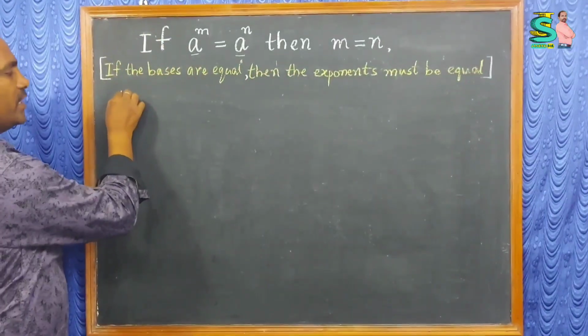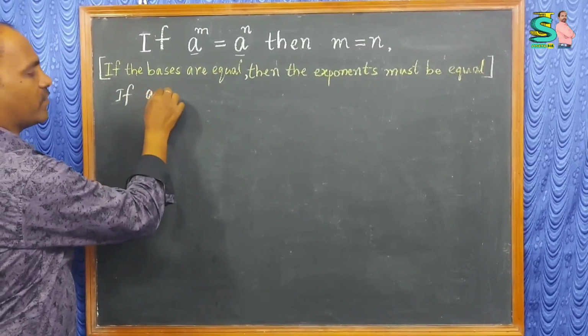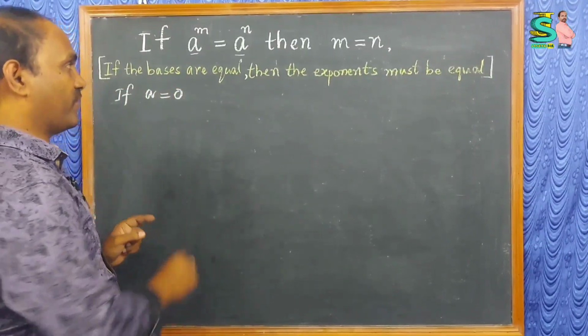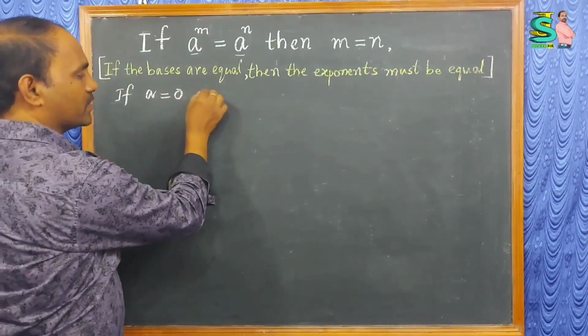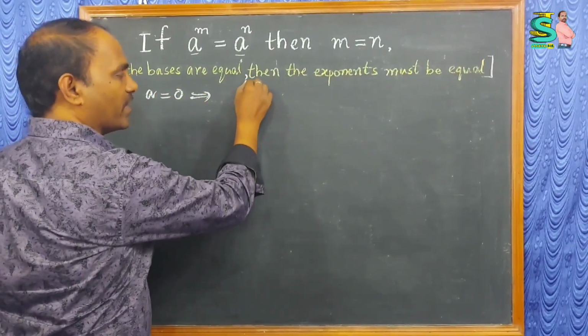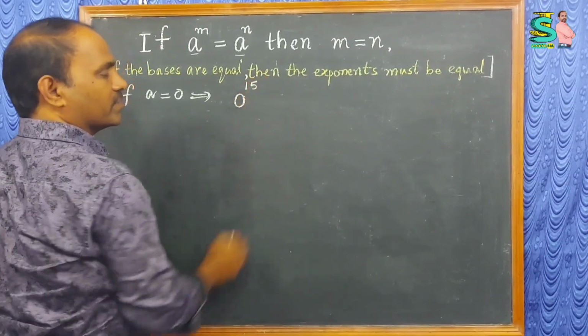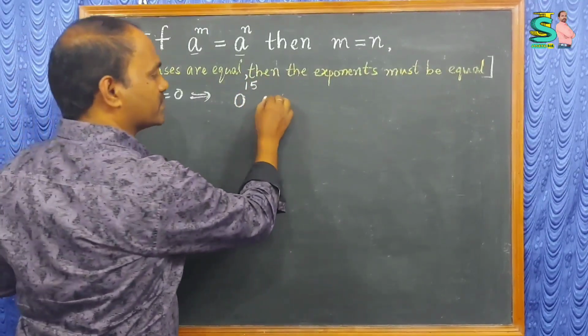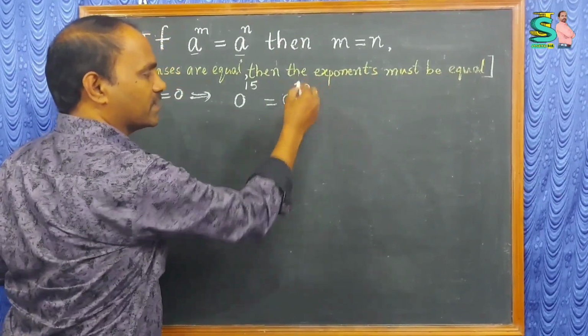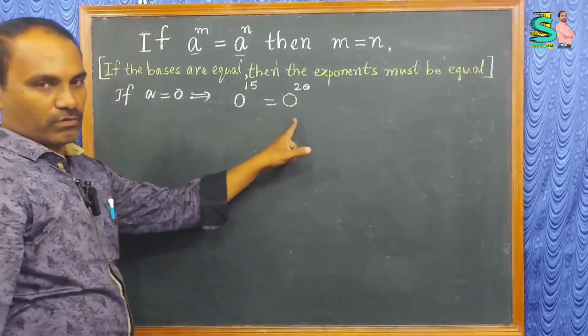Okay, if a equals 0, for example, a equal to 0 means 0 power 15. This value is equal to 0. 0 power 20, this value is also 0.